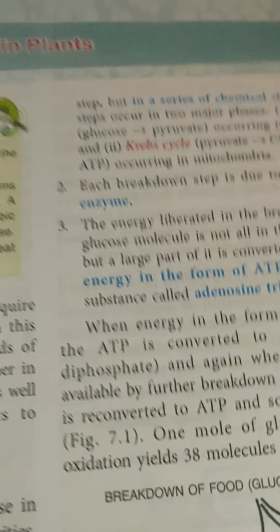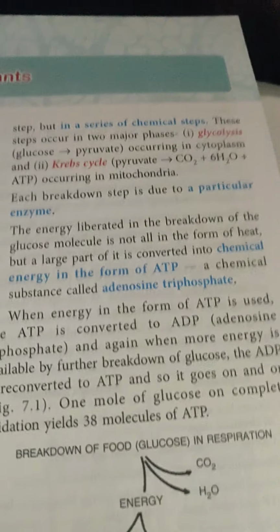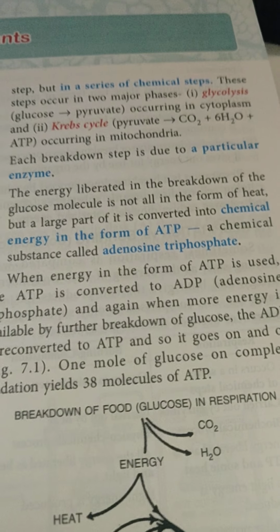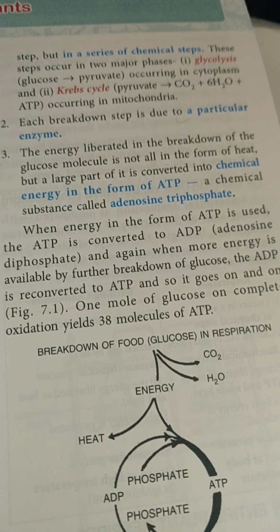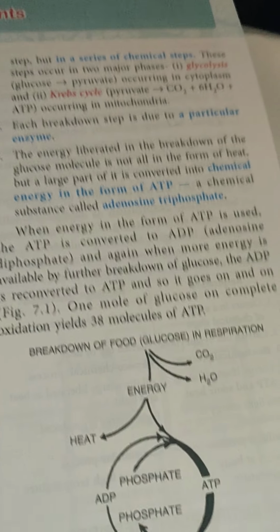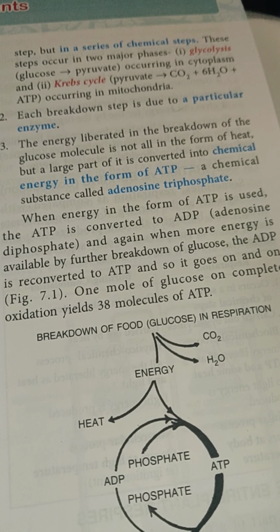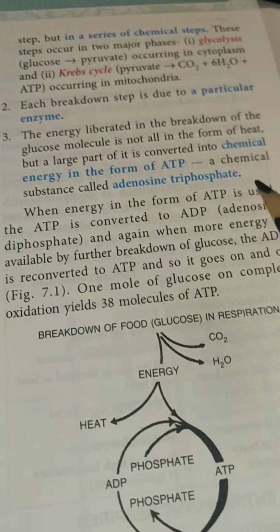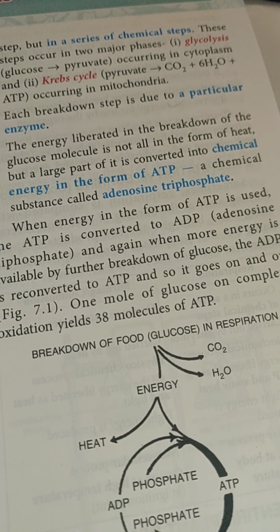So then the question arises: the energy that is not converted into heat and has been converted into chemical energy, how do we utilize it when we need energy in our body? What happens is, when this ATP needs to be used, it gets converted into ADP, adenosine diphosphate.